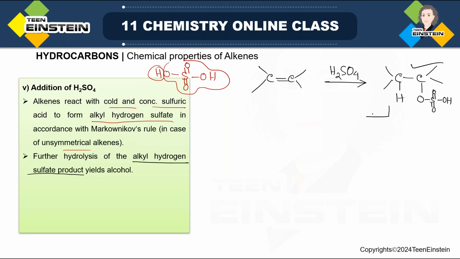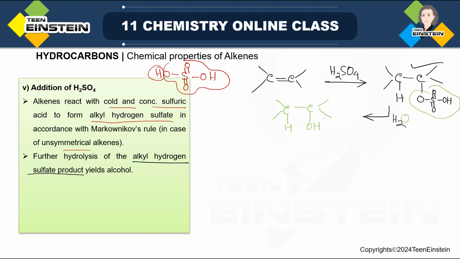Now suppose your purpose is not to produce this product, but you want to convert this unit to an OH group. Then you can use H2O. You have to do some hydrolysis, and finally the product you will get will be alcohol.